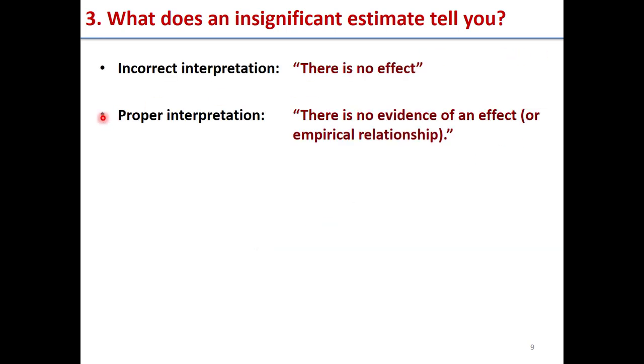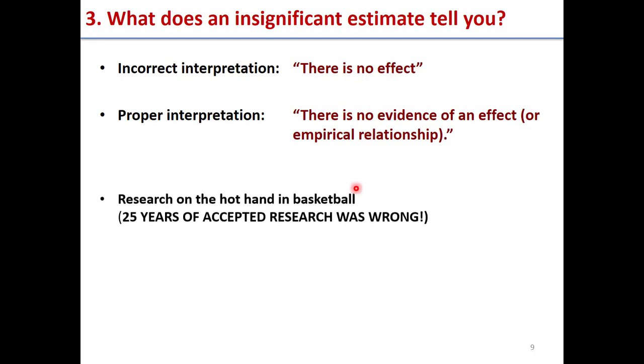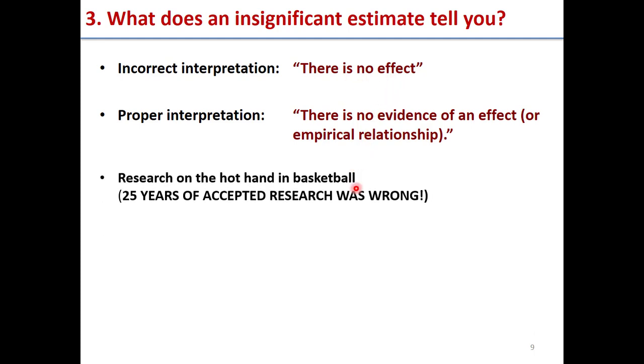Okay, so when you have an insignificant estimate, the incorrect interpretation that's commonly used among all these PhD academics is that there is no effect. But the proper interpretation is that, well, there's just no evidence for an effect or no evidence for any empirical relationship. Okay, so a great example of these incorrect interpretations saying there is no effect occurred with the research on the hot hand in basketball.